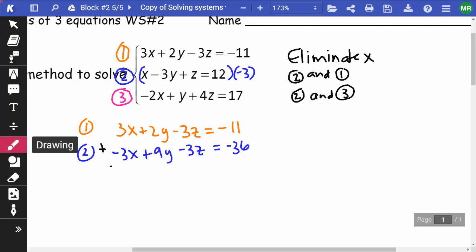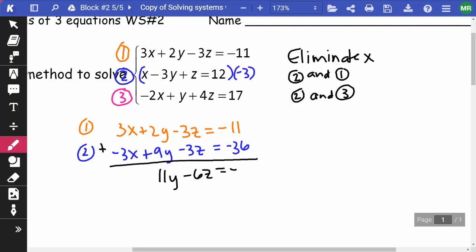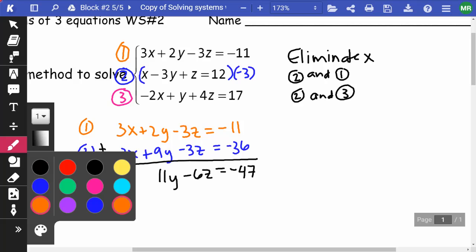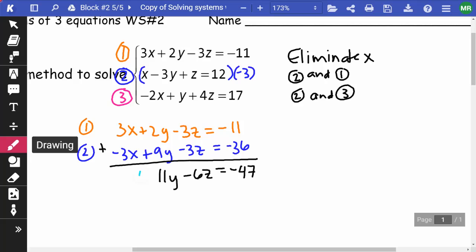So I'm going to add these 2 equations together. My x's are going to cancel out. I get 11y minus 6z is equal to -47. And I'm going to call this one equation 4, just to have a reference. Okay.